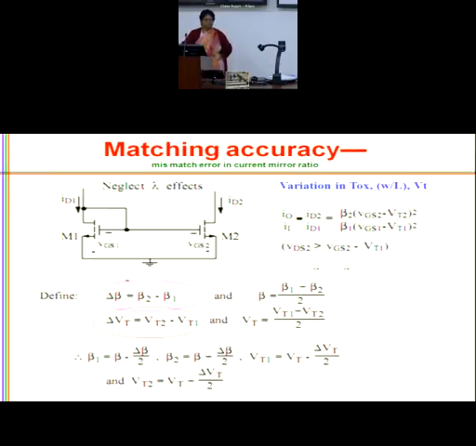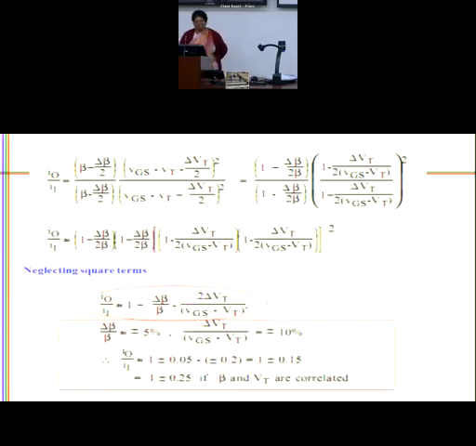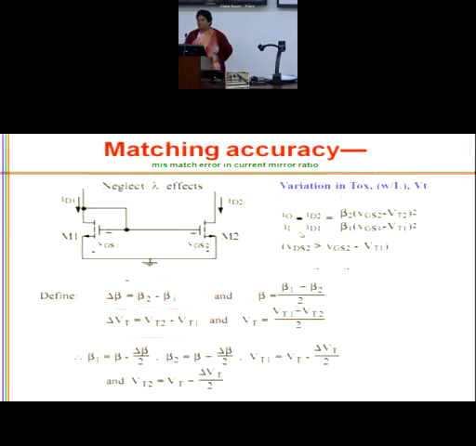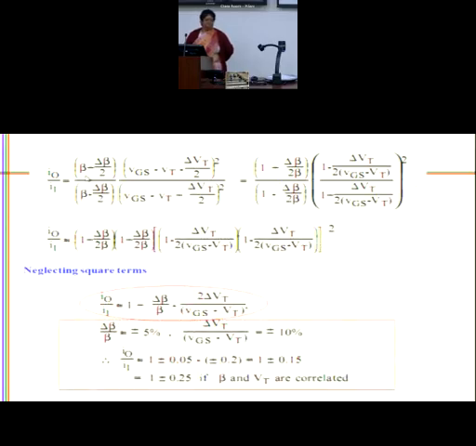Okay. So once we have got these equations with us, now what we do is that we write the current transfer ratio once again, IO by I1 or ID2 by ID1 ratio once again. So when I write it, remember beta 1 is written as beta plus delta beta by 2.